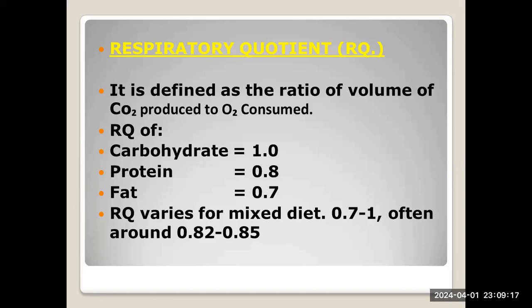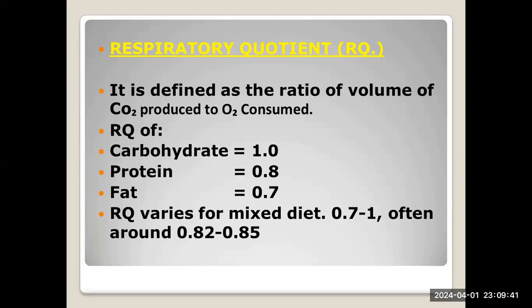When we oxidize carbohydrates, the amount of carbon dioxide produced and the amount of oxygen consumed are the same, so 50-50. The ratio of carbon dioxide produced to oxygen consumed gives the respiratory quotient, which comes out to be 1.